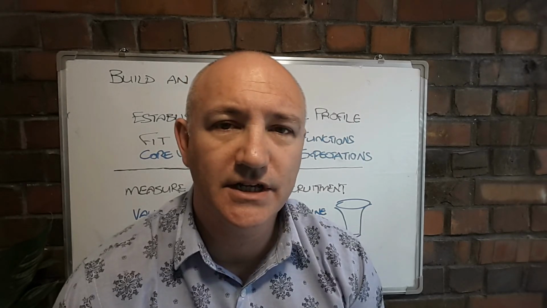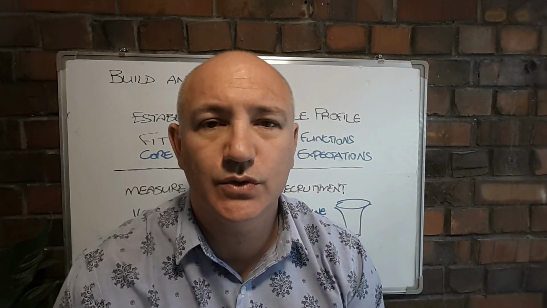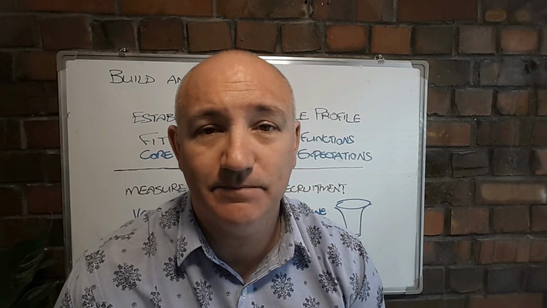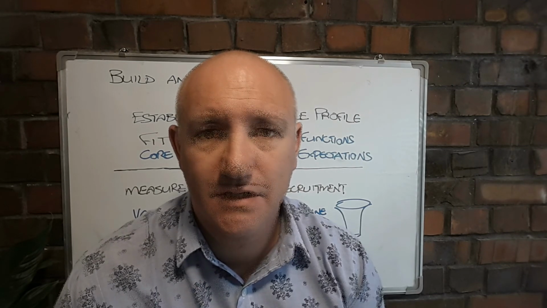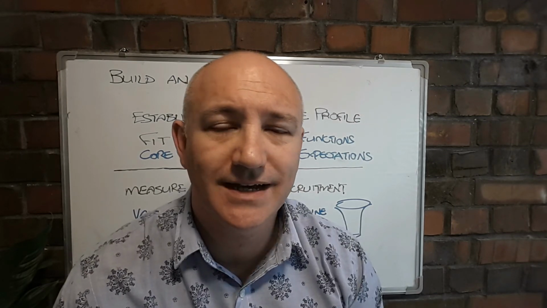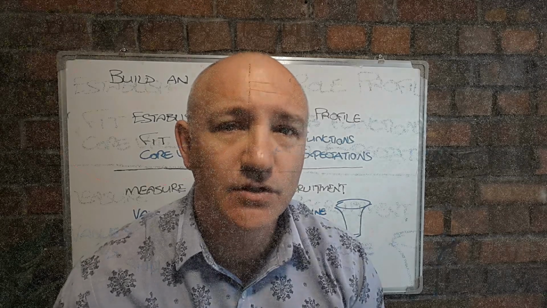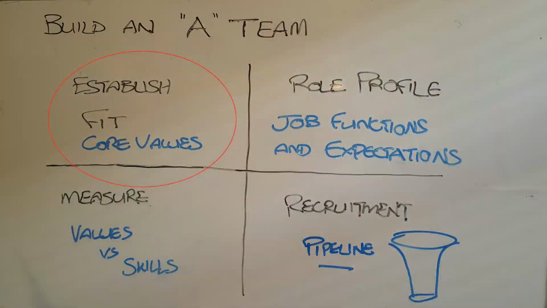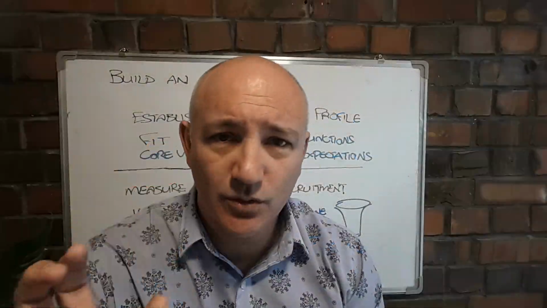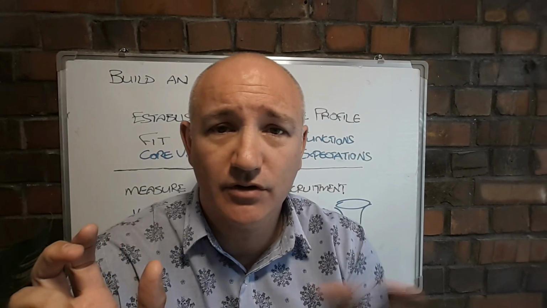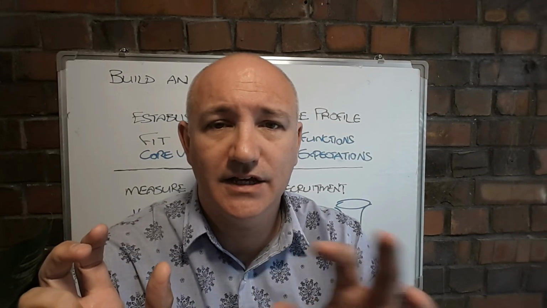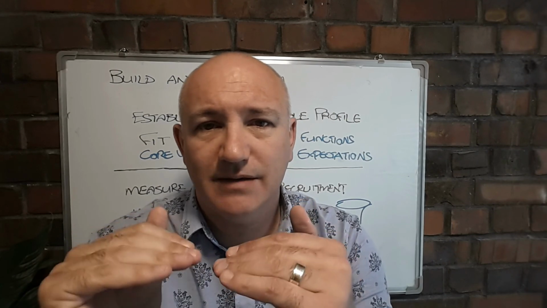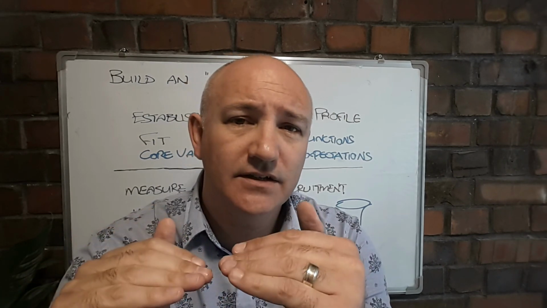Essentially there are 4 components to building an A team, and I'm going to go through each of these. The first component is you need to understand your core values so that you can then measure your people, the current team, and also recruit more effectively against your core values so you can establish who fits and who doesn't quite fit.